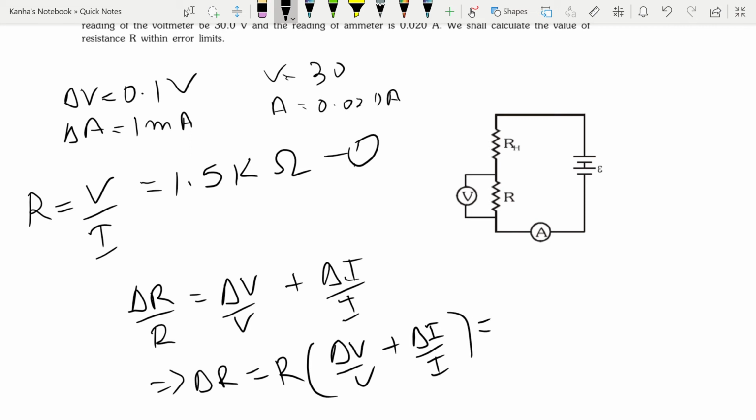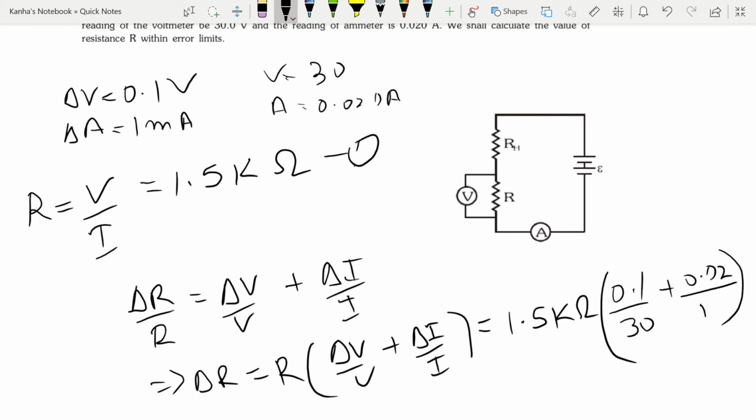Now you just need to substitute the values from the top. So you get 1.5 kilo ohm into (0.1 by 30 plus 0.02 divided by 1). If I calculate it, I find that it is 0.080 kilo ohm. So this is your answer for delta R.